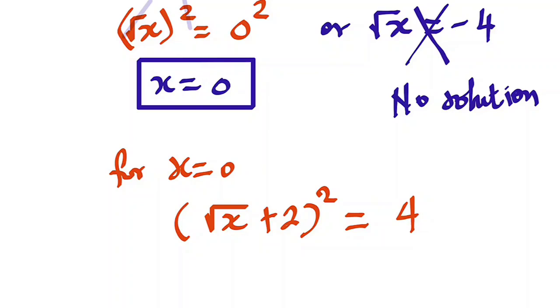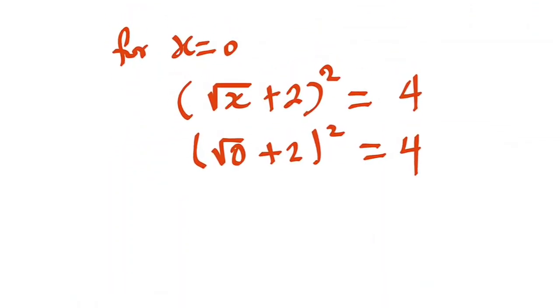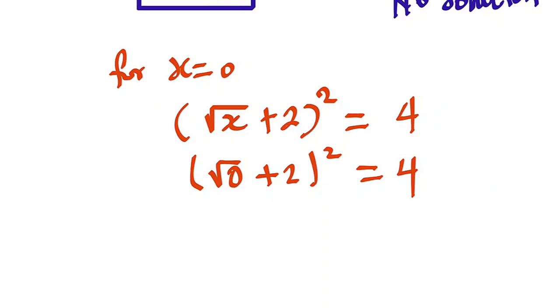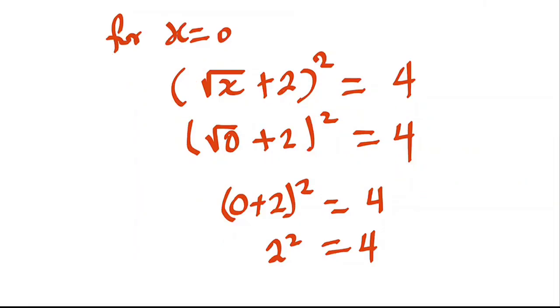If you place x to be 0 here, we get (√0 + 2)² = 4. So the square root of 0 is 0, plus 2, to the power of 2 equals 4. Then 0 plus 2 gives 2, and 2 to the power of 2 gives us 4, which equals 4. So that is the solution to the problem.